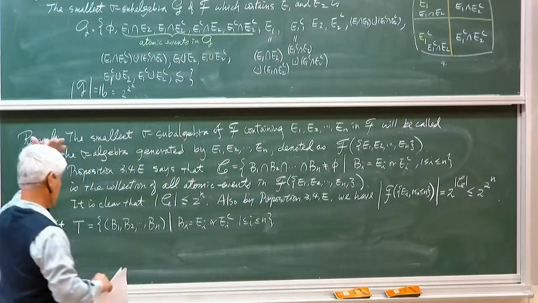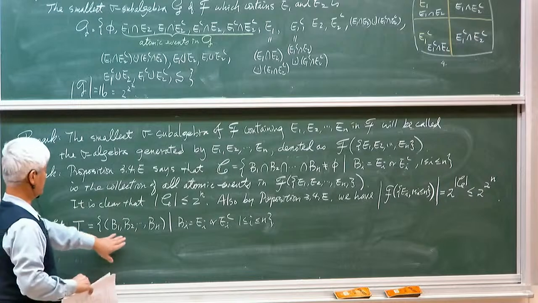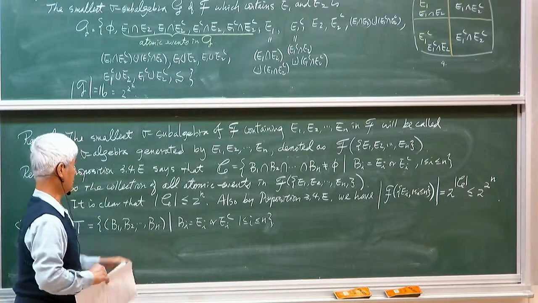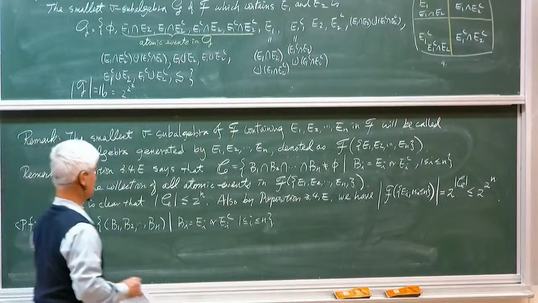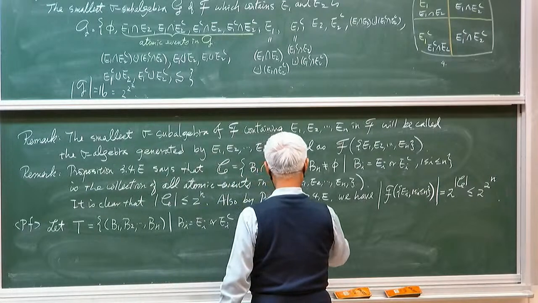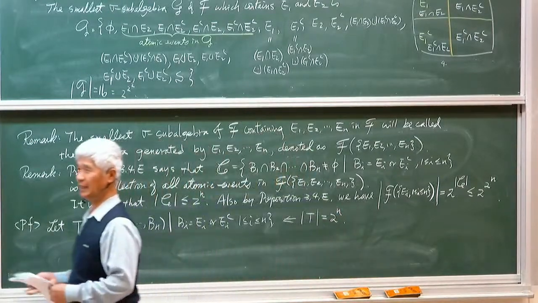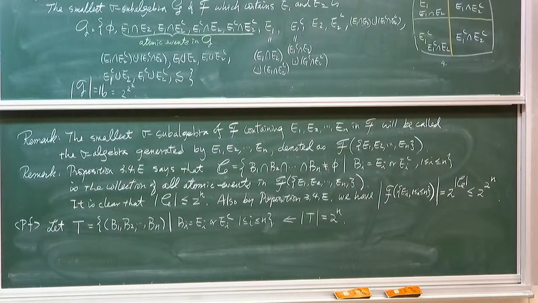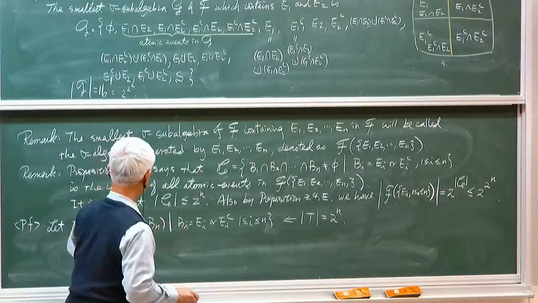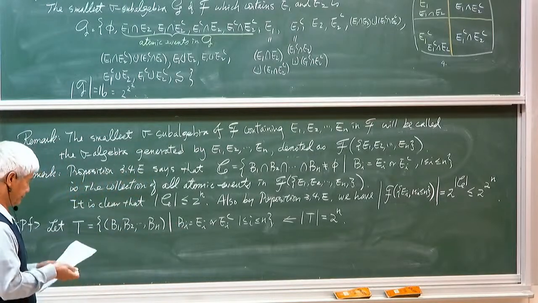So we just form n-tuples, and you can see that the size of T will be 2 to the nth power. So there are 2 to the nth power possible n-tuples here.